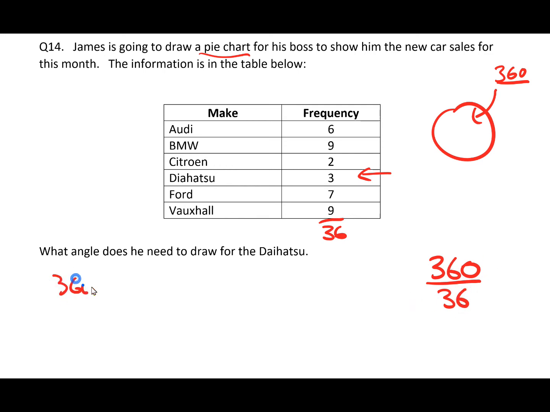So 360 divided by 36 goes in once, and that gives us 10 as our scale. So all we need to do for this, because we're not drawing the whole pie chart, is multiply the sales for Daihatsu, which is 3, by 10 to give us 30 degrees.